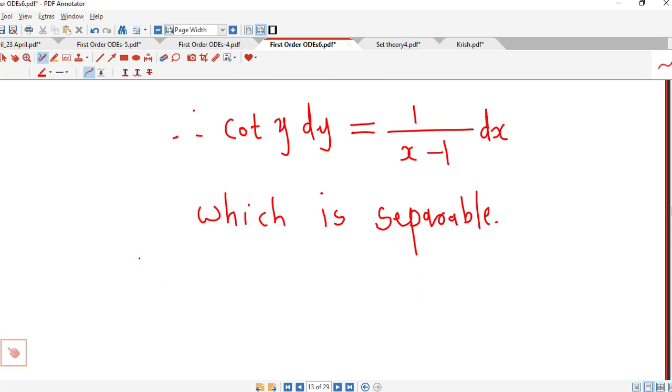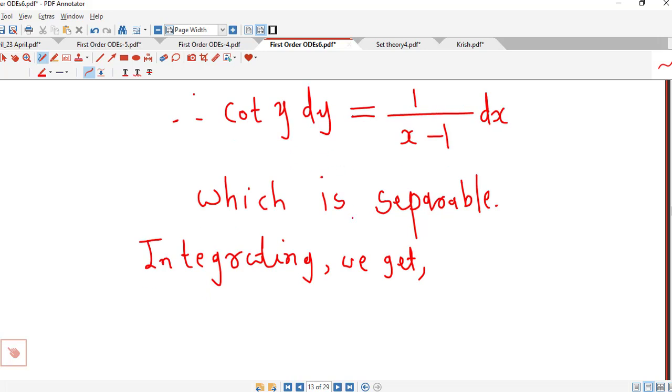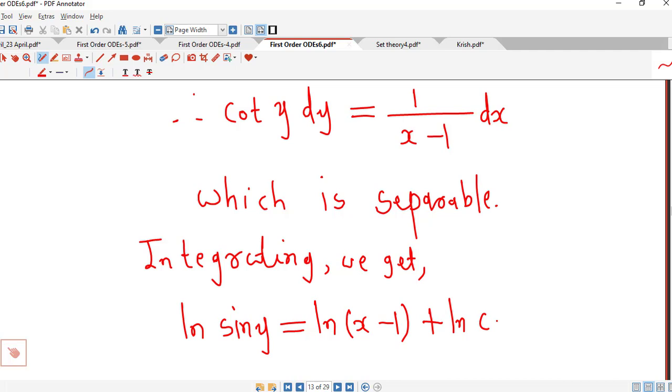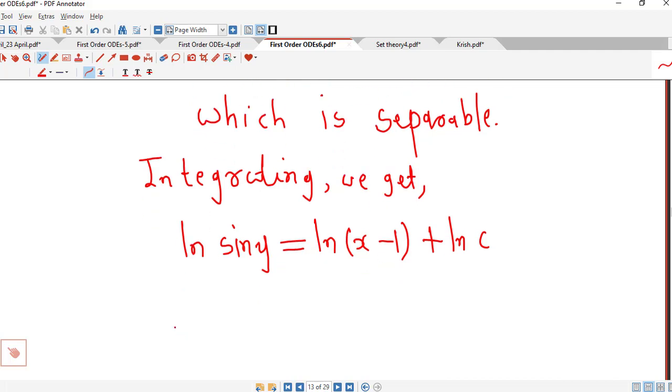And if our equation is separable, we find its general solution by integrating both these sides. We integrate the left hand side with respect to y and the right hand side with respect to x. Integral of cot y is ln sin y equal to integral of 1 over x minus 1 is ln (x minus 1), and we can set the arbitrary constant as ln c because we are having logarithmic function in each of the remaining terms.